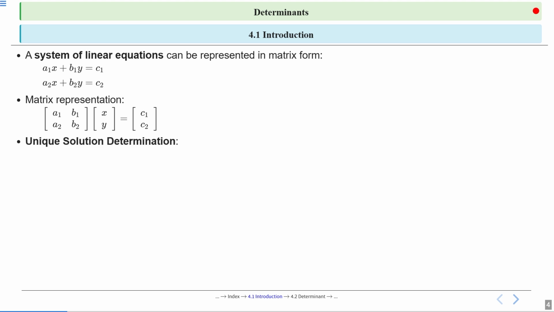So the system of linear equations has a unique solution depending on the value of a1 b2 minus a2 b1. The uniqueness of the solution depends on the expression a1 b2 minus a2 b1.